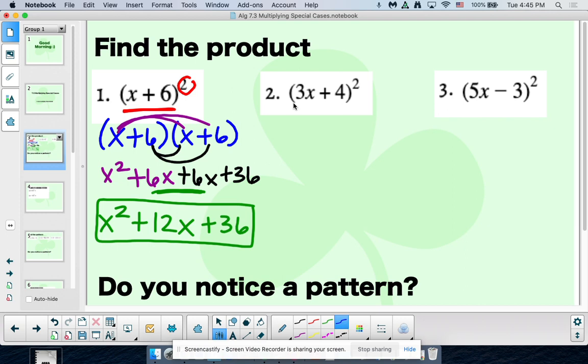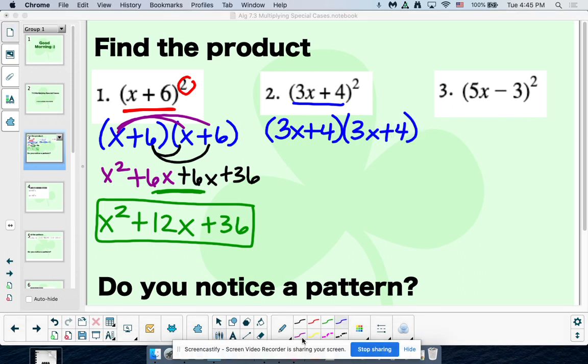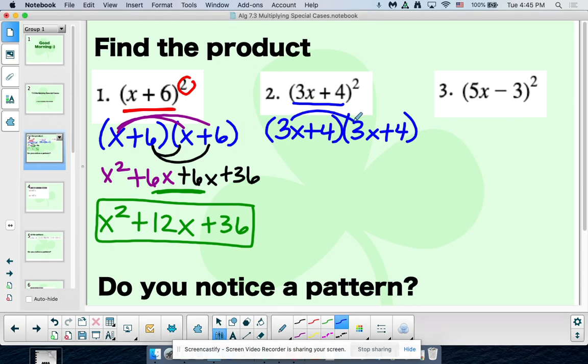Again, this really means I'm multiplying this by itself. So 3x plus 4 times 3x plus 4. FOIL this bad boy out. 3x times 3x is 9x squared. 3x times 4 is 12x.